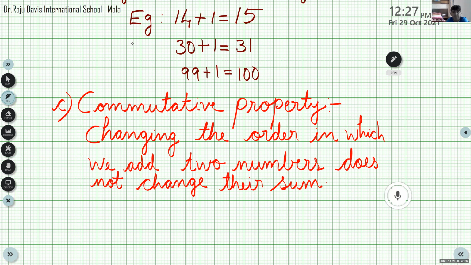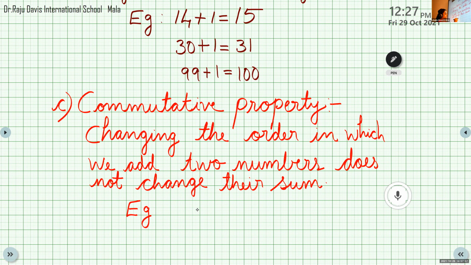Ma'am, you did not write the examples. Yes. I'm going to ask that. So how to write the example of this commutative property? One example I will show you. 4 plus 2 is equal to 6, isn't it?